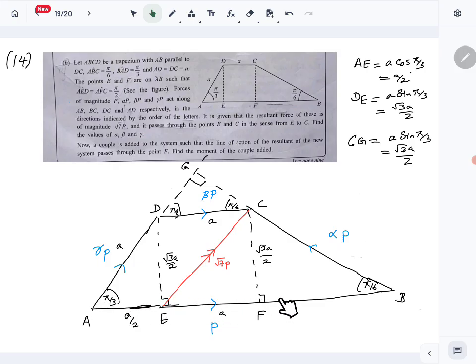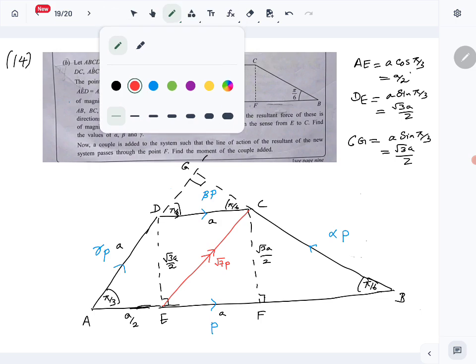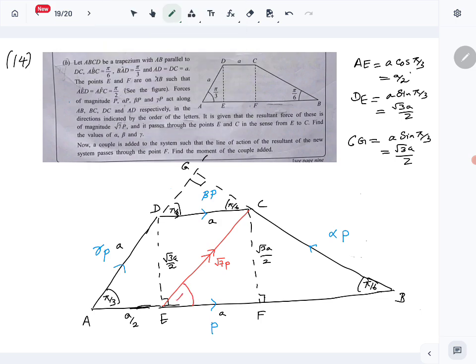The algebraic sum of the horizontal components is going to be equal to the horizontal component of the resultant. To find the horizontal component of the resultant, we need to figure out this angle first. So let's look at the ECF triangle.